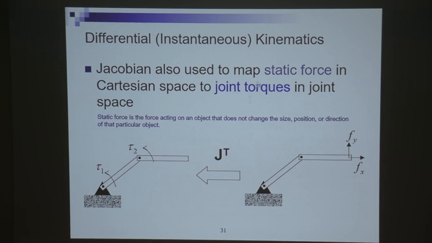The Jacobian is able to map the static force in Cartesian space to the joint torque in joint space. Tau 1 and tau 2 are the joint torques in the joint space, and the static forces in Cartesian space are Fx and Fy. This uses the J transpose, which is different from the J inverse.